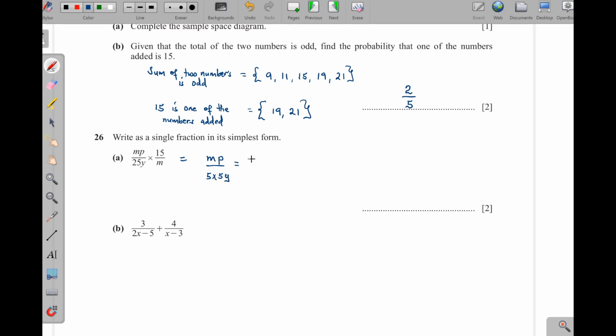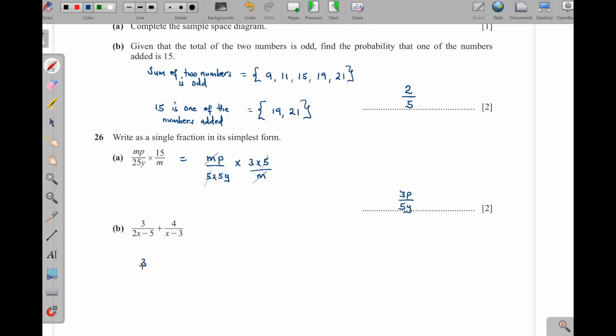Then times, this one is going to be 3, then times 5, then out of the m. So a 5 will cancel with the 5. That means up here we are remaining with 3 times p, which is 3p. Then out of, this is 5y.